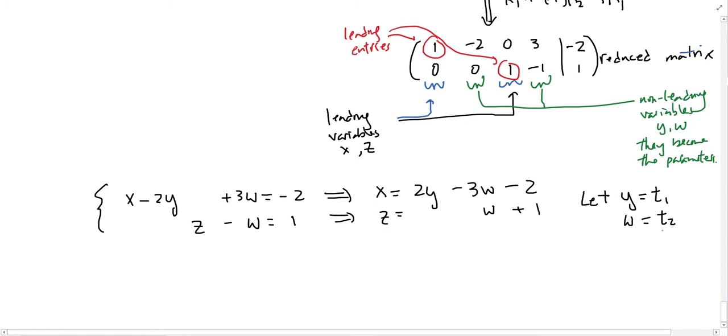Now here's where students make a mistake. A student would say, oh, that would mean that this y right here is t1 and this w here is t2. So therefore, don't write this down because this is wrong. They say, oh, then x and z would equal 2t1 minus 3t2 minus 2, and then t2 plus 1.